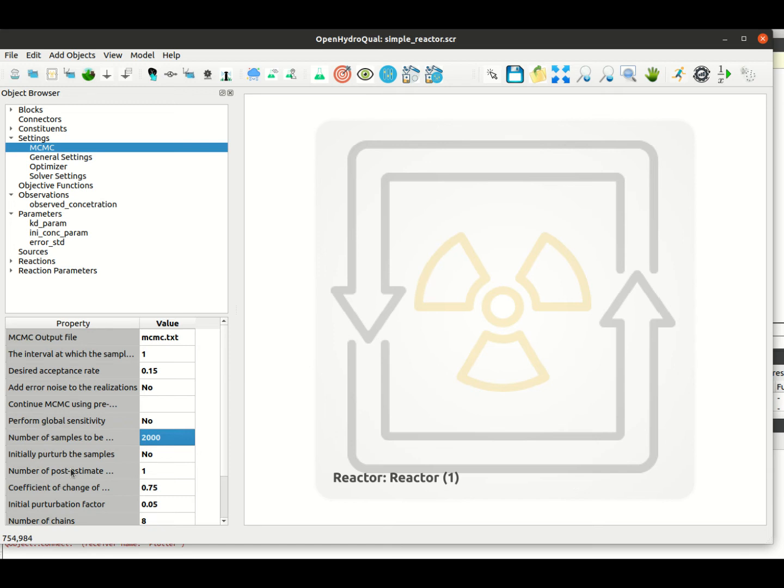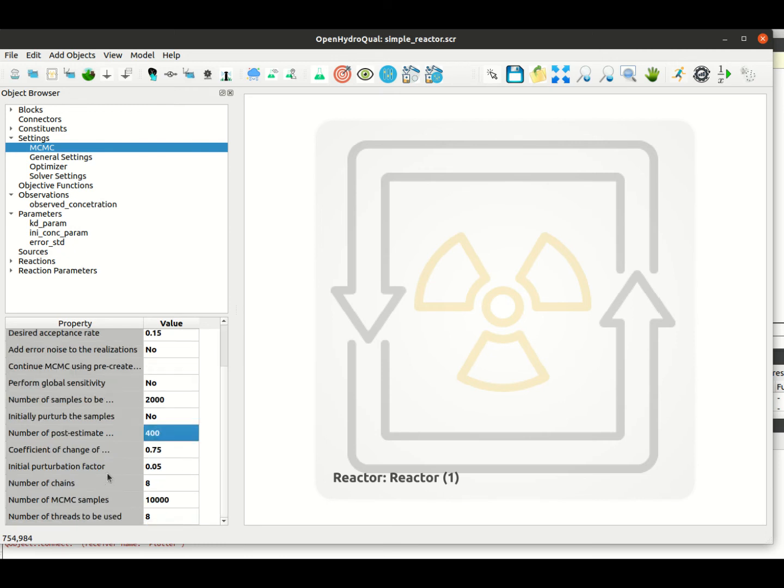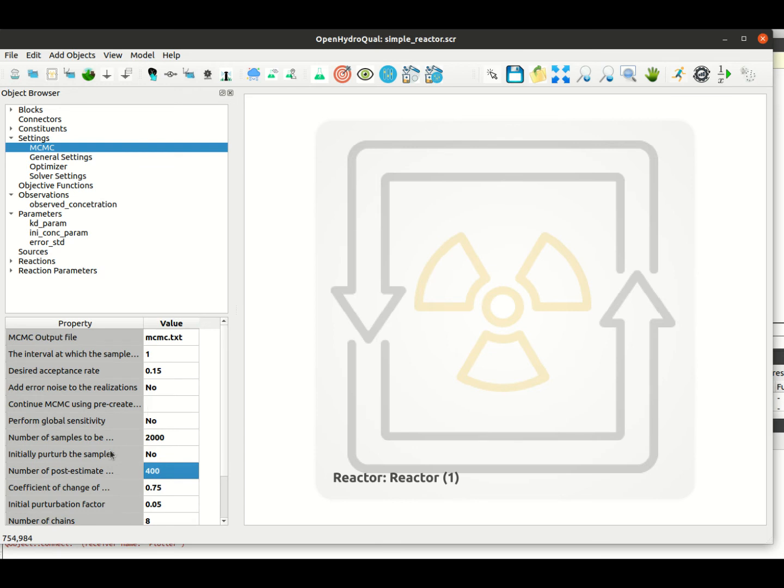The larger the number of post-estimate realizations, the more accurate the confidence interval of the predictions will be. So I'll change this to 400. You can play with other parameters, but I'm not going to go into that. I'm going to keep all the other parameters for the MCMC the same. I'm going to save this, and now we're ready to do the MCMC.